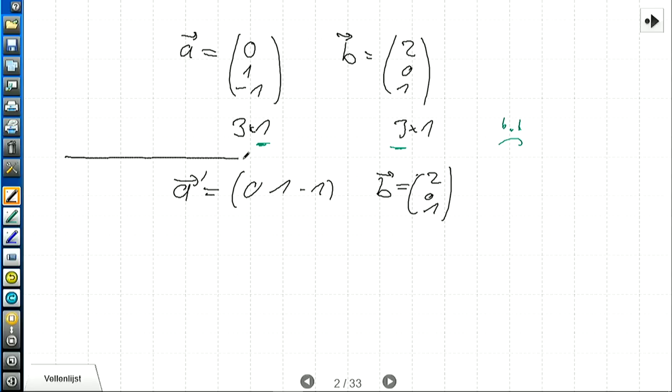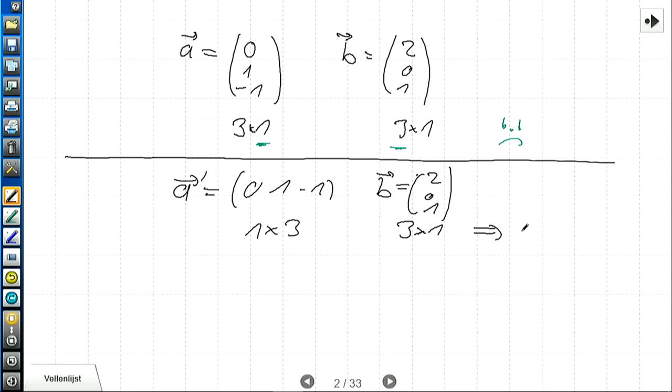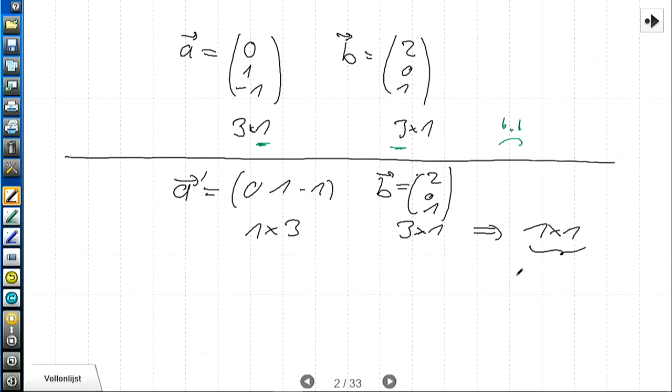This has 1 row and 3 columns, and this has 3 rows and 1 column. So what is the size coming out of that? It's a 1 times 1 matrix, or it's just a number.